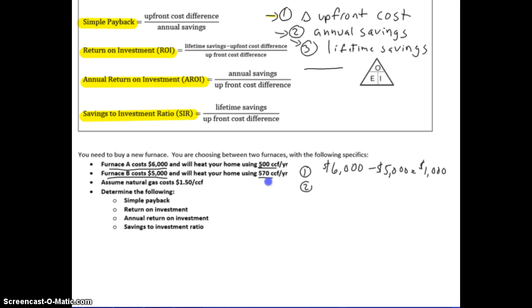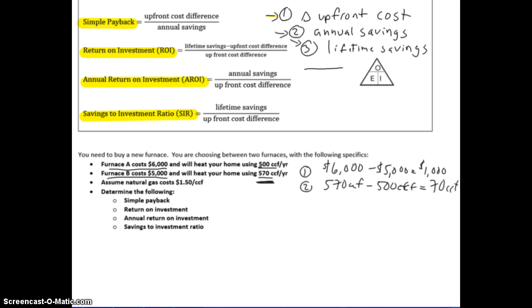Second, let's figure out the annual savings. The annual savings is based on your energy input. In this problem, we'll ignore any kind of operation and maintenance costs. We're just going to count fuel costs for this. One furnace takes 570 ccf, the other is 500 ccfs, so that's a 70 ccf difference.